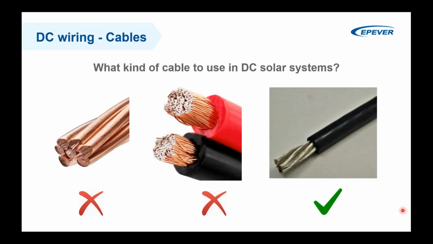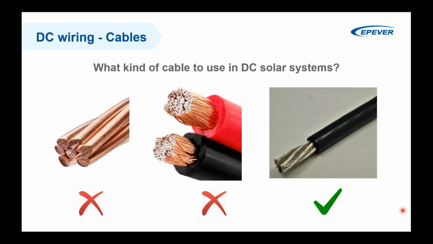Another thing to remember is that if the wire is going to be exposed to UV radiation, then you must use a cable with UV resistant insulation. The UV component of solar radiation is known as the main aging accelerator for all materials, including plastic and any sort of insulation.